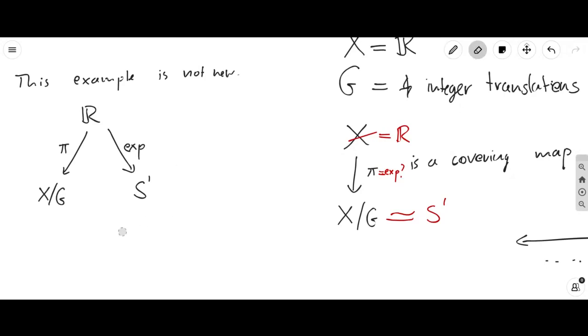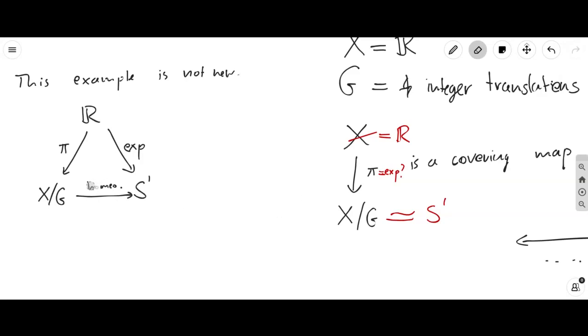And when we're saying that it's basically the same thing we saw before, what we're saying is that there exists a homeomorphism between these two that will make this diagram commute, which would mean that if you follow the arrows like this, that would be the same thing as going like that.